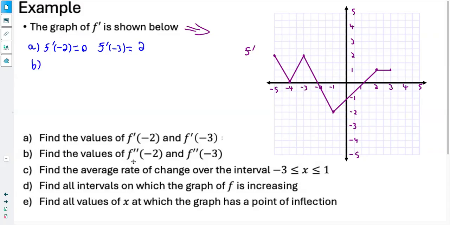B, find the values of f double prime of negative 2 and f double prime of negative 3. So that means we want to find the slope at those locations.